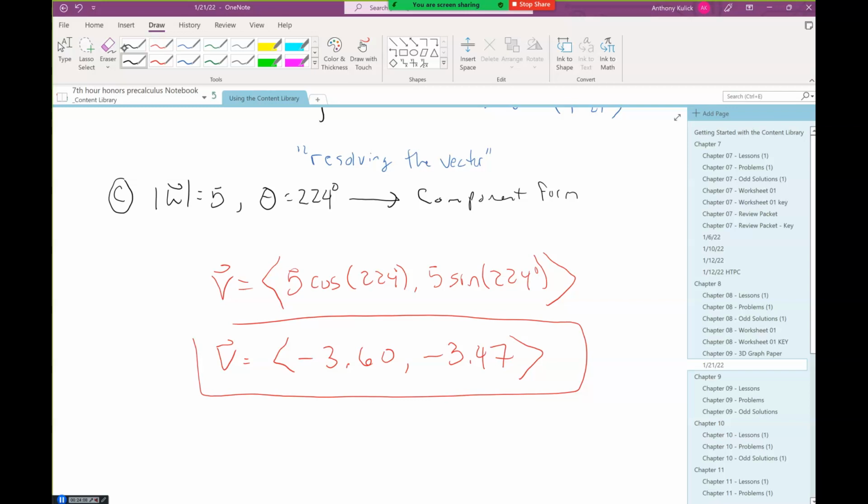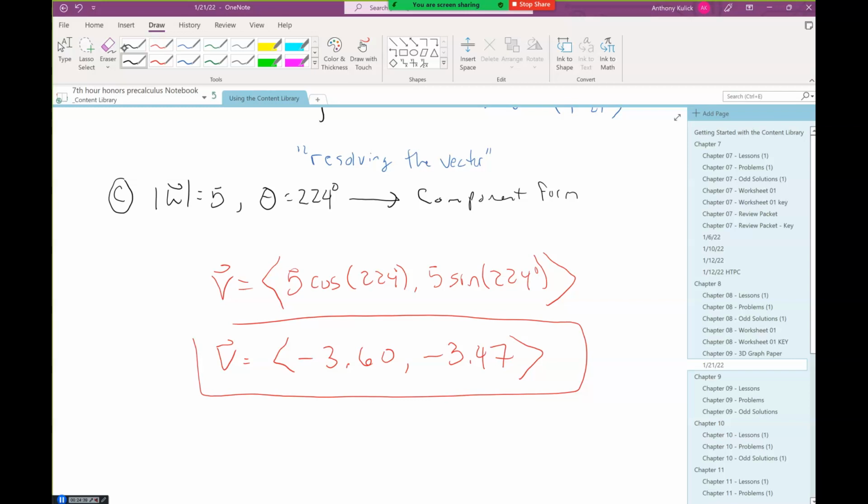The advantage of the magnitude and direction is that often those have real-world meanings to us, as we saw in the navigation problems that we did in first semester, where the magnitude was representative of the speed of your thing, and the direction was representative of a bearing, like actually where you need to point your ship to go. That's nice. The component form, the advantage is that the actual calculations that you're going to do are much, much easier using component form.